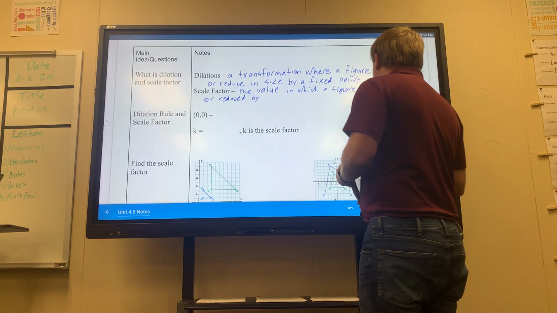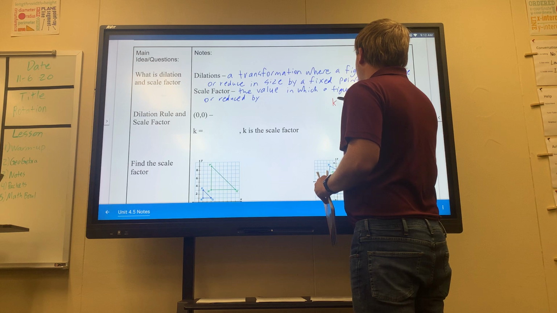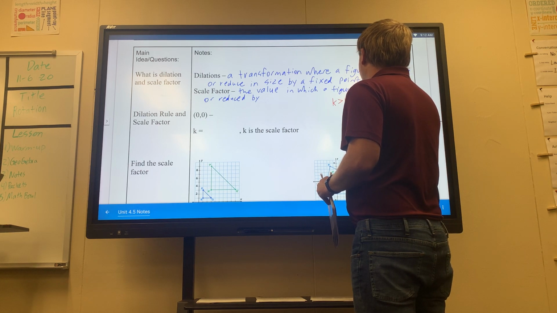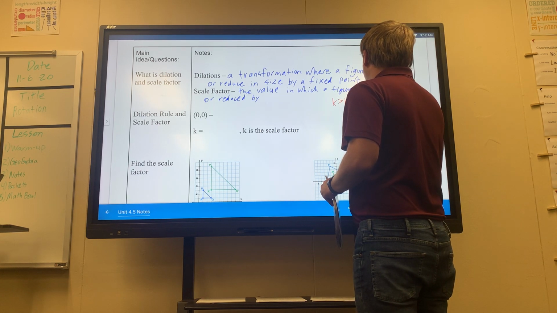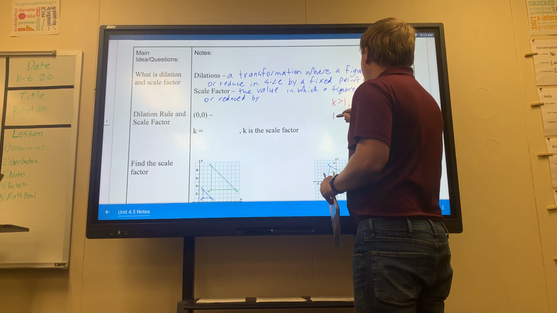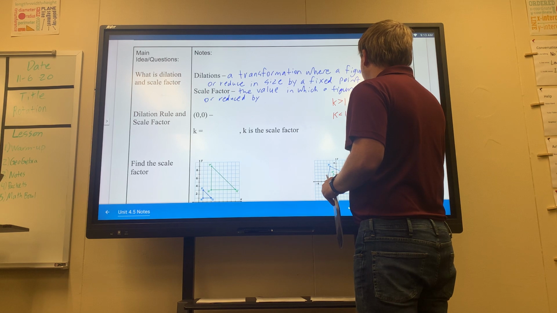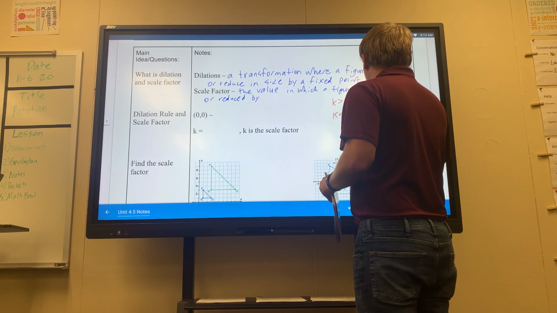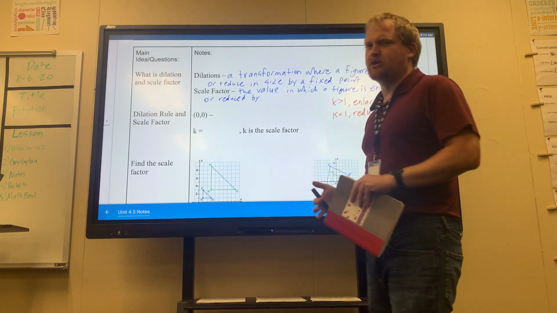And here's what we do know: if k is greater than 1, that's going to be an enlargement. However, if it's smaller than 1, it's going to be a reduction, which means it's going to get smaller.